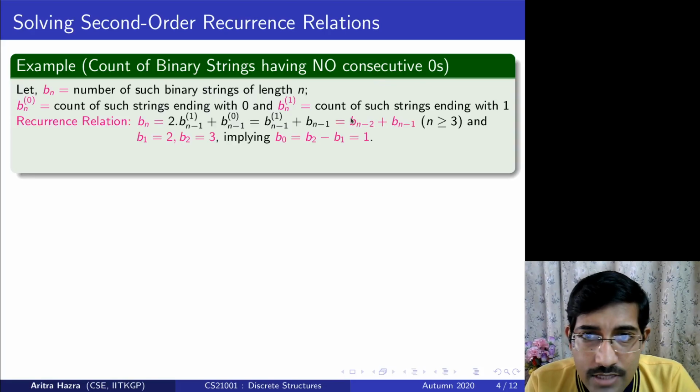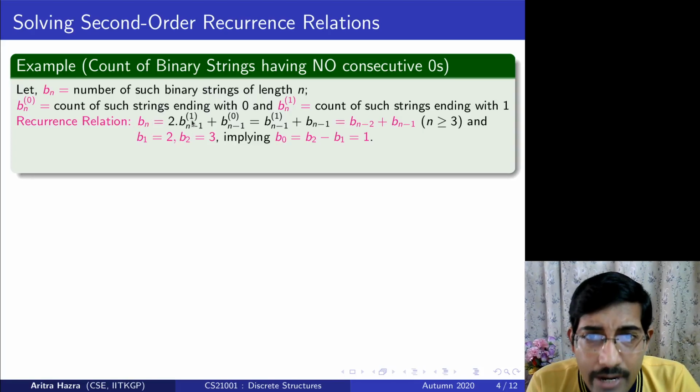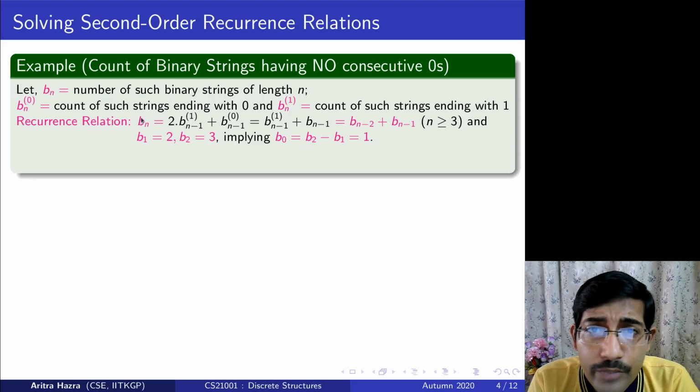So this governs the recurrence: for an n minus 1 string ending with 1, I can append a 0 as well as a 1. So the number of no-consecutive-0 strings ending with 1, times 2, will be contributing to Bn.